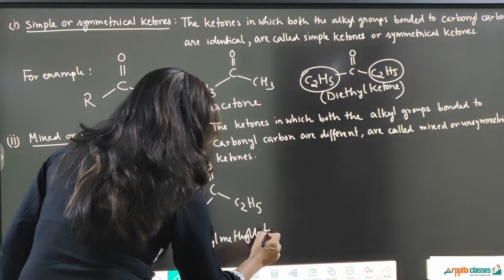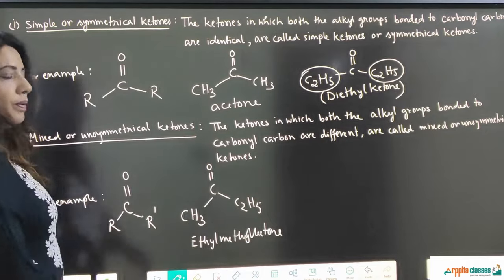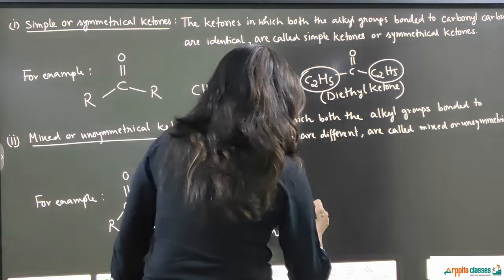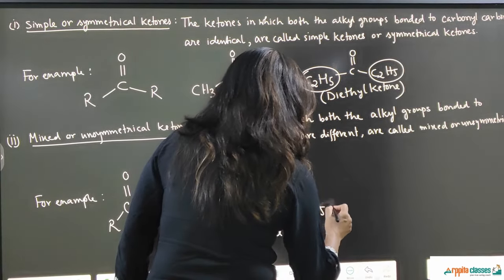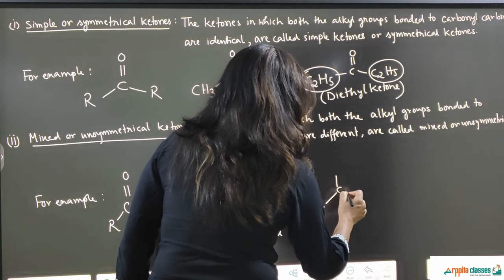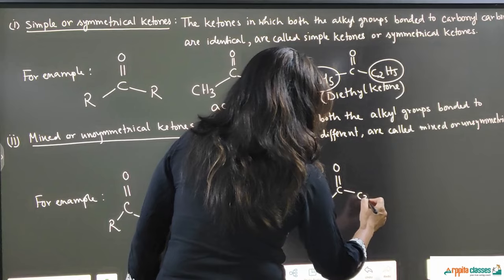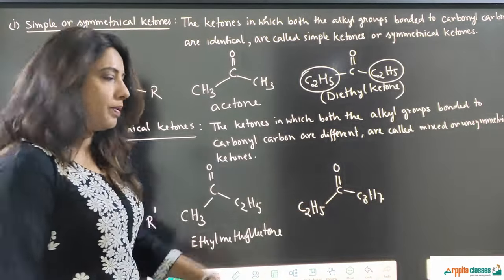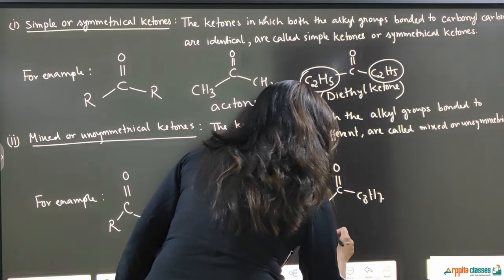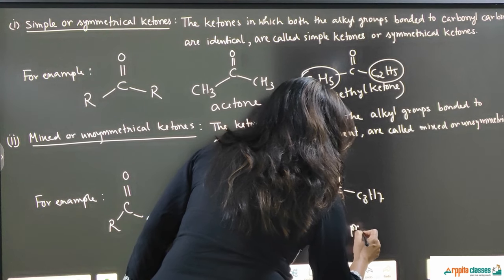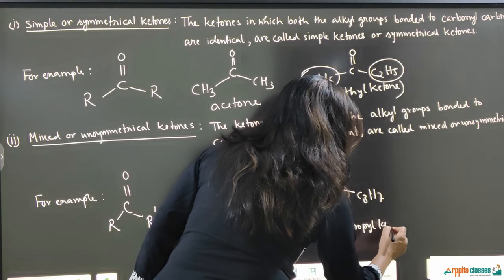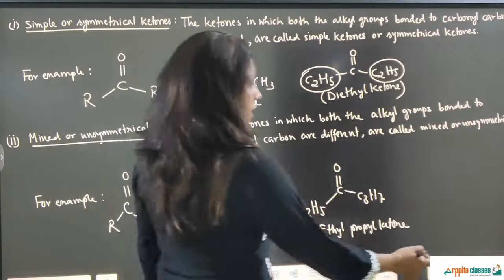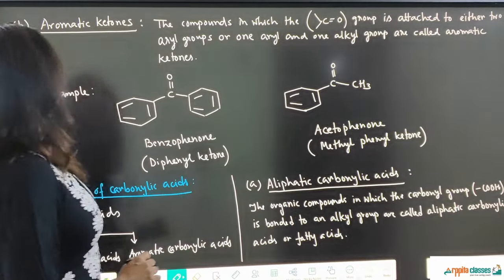One side an ethyl group is attached, one side a methyl group is attached. Obviously, we are talking about the common name. C2H5, C double bond O, C3H7: here one side an ethyl group is attached, one side a propyl group is attached. So this is called ethyl propyl ketone. Now we understand what is a symmetrical ketone and what is an unsymmetrical ketone.